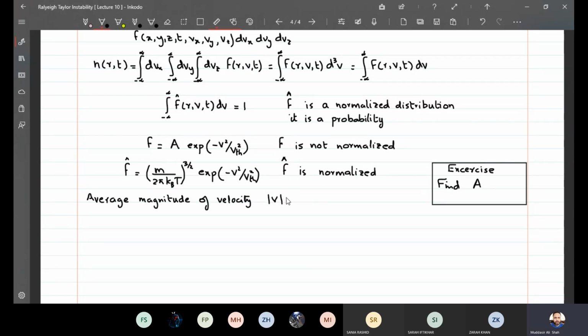You can write it in this form, or usually it is written as V average. So V average is V multiplied with the normalized distribution. Now make sure that you have used the normalized distribution here instead of the non-normalized function. And d3v.